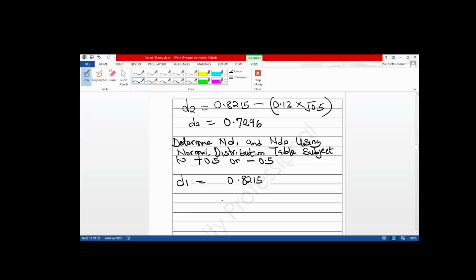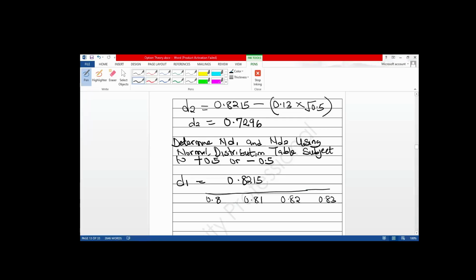Now let me explain this briefly. Remember when we were doing graphs in secondary school? A line graph, you have 0.8, 0.81, 0.82, 0.83.